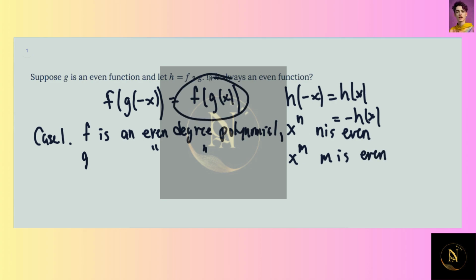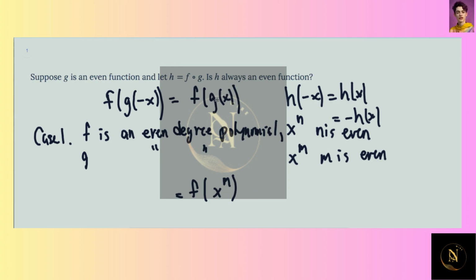So this composition here will turn into, I'm sorry, let's spell this out. So we get f of x to the power m.